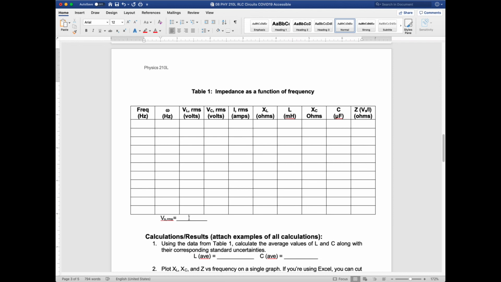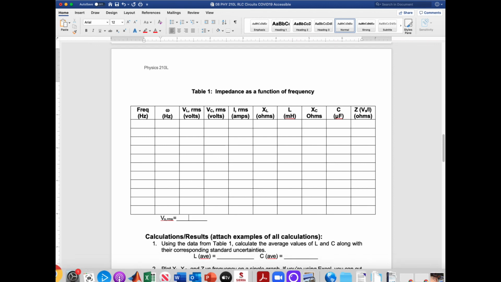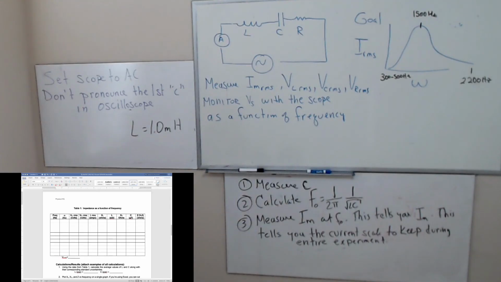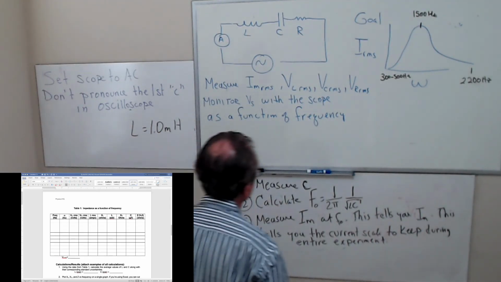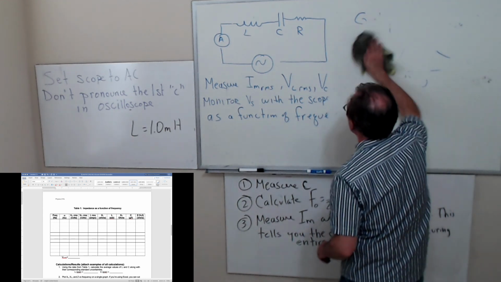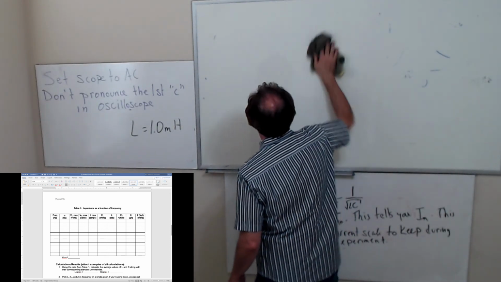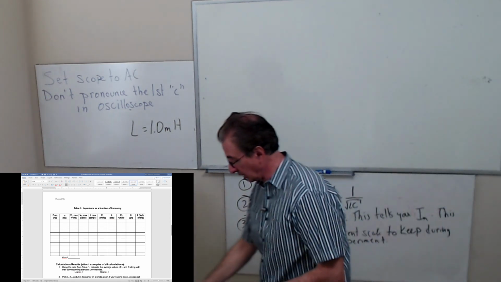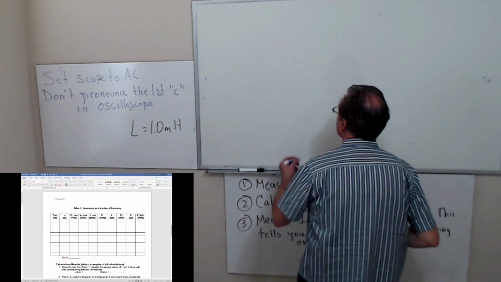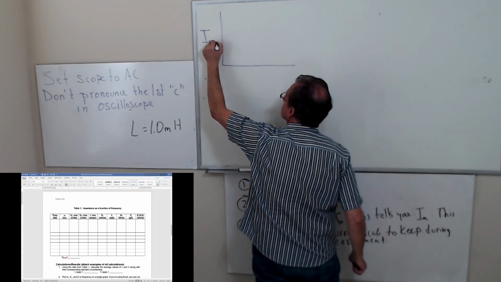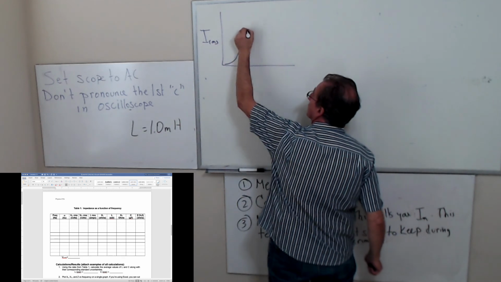Okay, let's talk about the graph. The equation for the current is in your PowerPoint notes, but the graph of I RMS versus omega kind of looks like this.